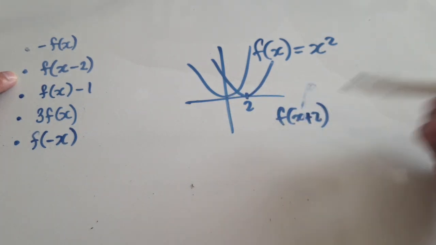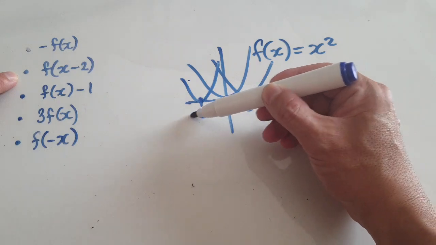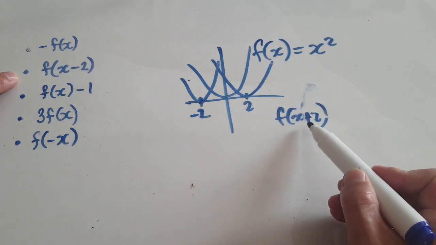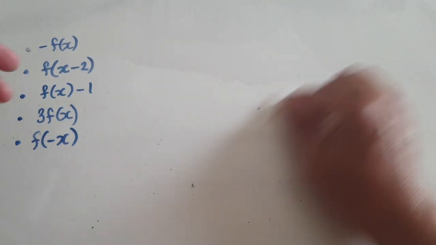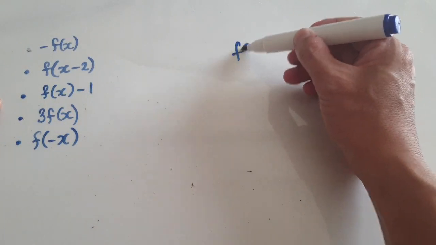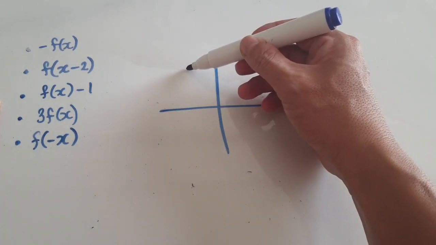So if you have plus 2 like this, it will move it to the left by 2. It always moves in the opposite direction.